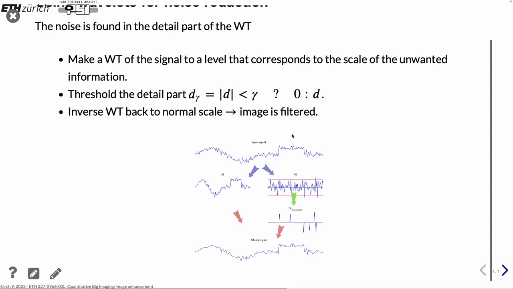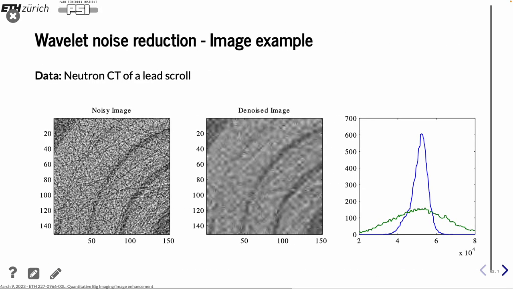When we combine the original trend with this detail, we get a new filtered image like this. This is the very basic wavelet filtering, and it's certainly not done exactly this way, but I would probably have to spend 2 lectures on only this to really cover all the filtering. But I want you to at least know that with wavelets, you can do this kind of filtering, and let's try it on an image.